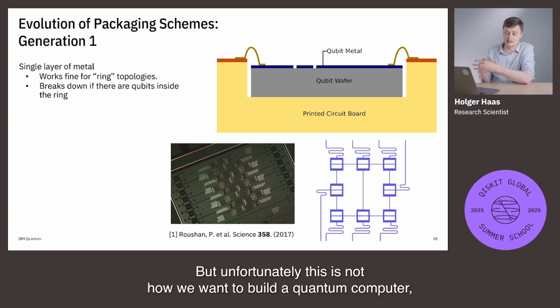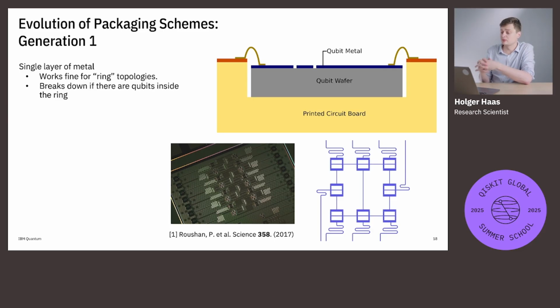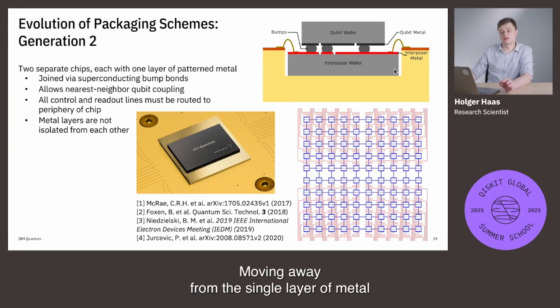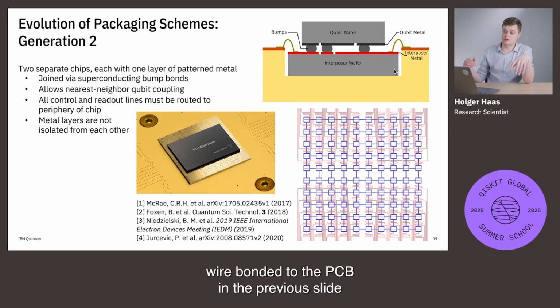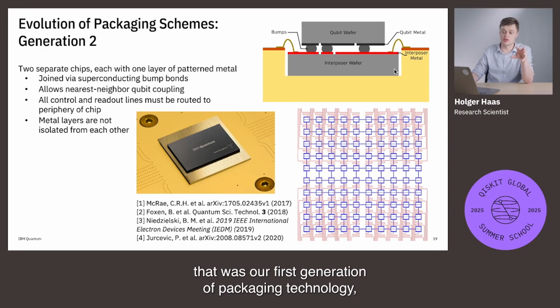But unfortunately, this is not how we want to build a quantum computer. So we had to move on from that. That single layer of metal wire bonded to the PCB in the previous slide was our first generation of packaging technology.